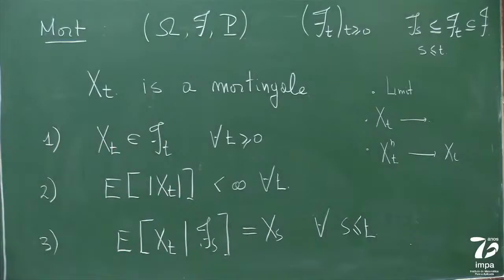But the martingale property is conserved in the limit. And here, we are very much interested in the limits. So this is a reason for these martingales to be popular.